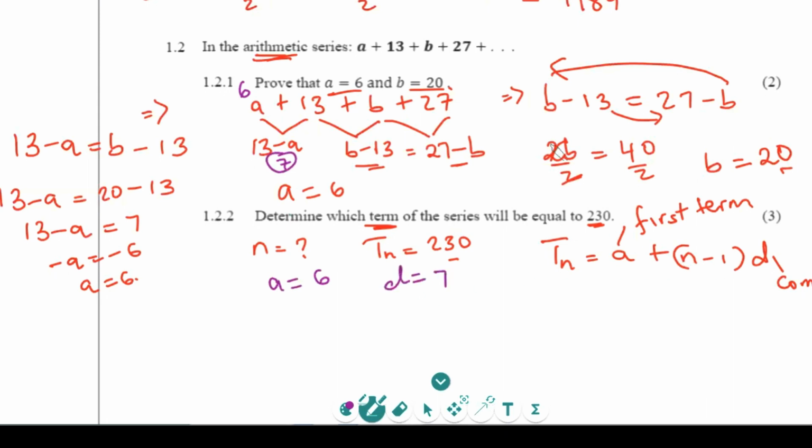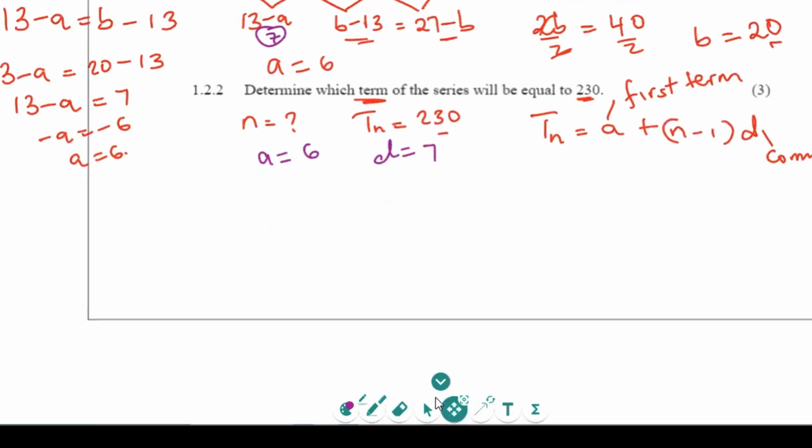And then we just substitute into that Tn. Where there is Tn, I'm going to put my 230, which is equal to my a, which is 6, plus n minus 1 times 7. I'll start by moving this 6 to that side. So 230 minus 6 is going to give me 224.